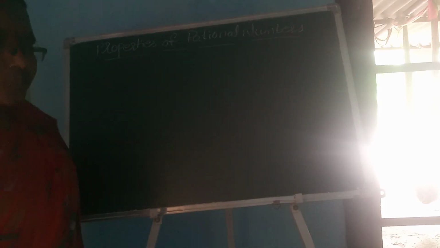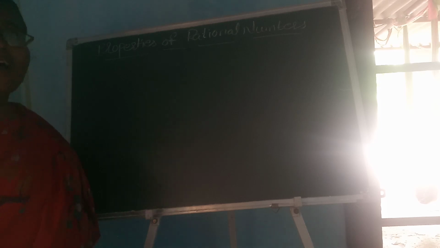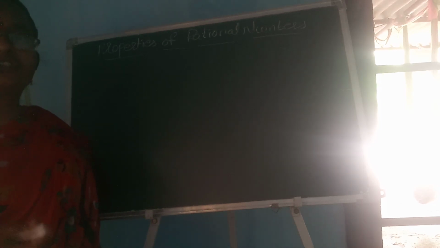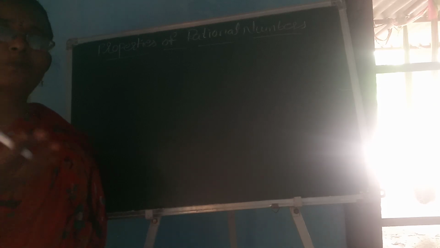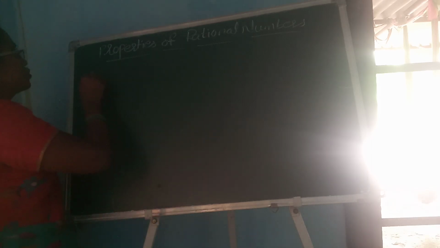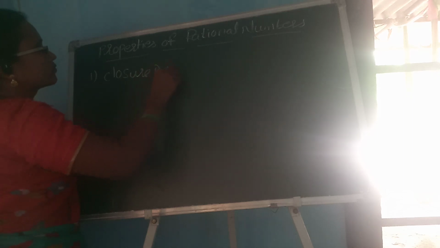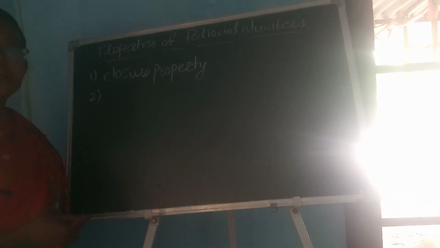You know that here we have already learned the properties regarding integers and whole numbers. Once we recall them, those properties continue even for the rational numbers also. The first one is closure property. Second one is commutative property.